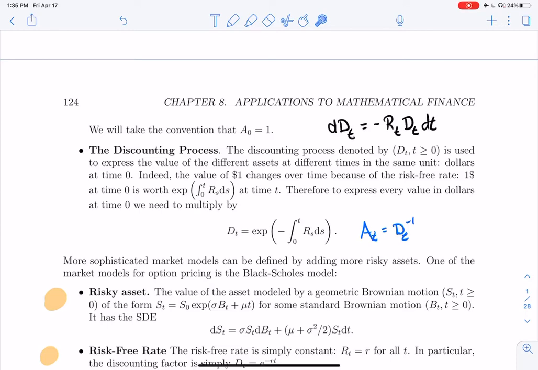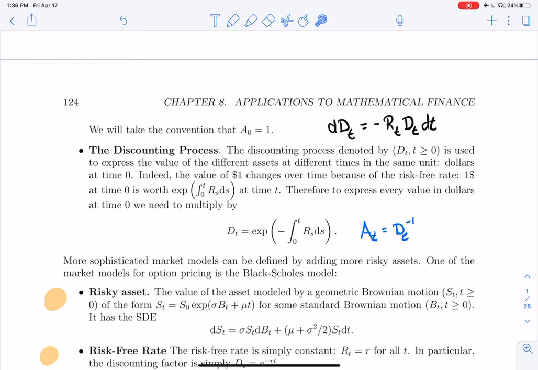So we have to account for that, and that's a real math finance concept. The meaning of D_t is to adjust or discount the value of a future dollar at time t in terms of dollars at time 0.